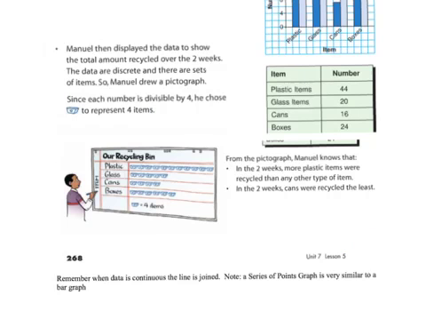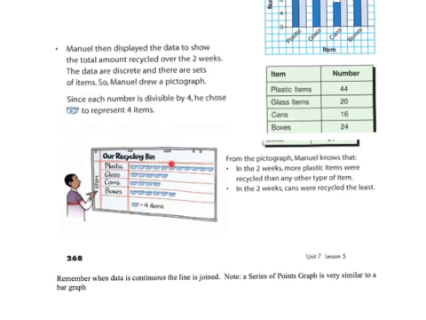Manuel then displayed the data to show the total amount recycled over the 2 weeks. So he's added those items together, a total of 44 items and so on. Still discrete data because we can only have 1 item at a time. And he's decided to do a pictograph where 1 picture represents a number of items. So each container represents here 4 items.